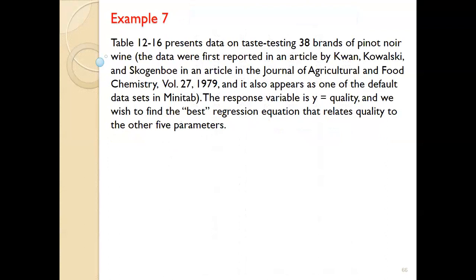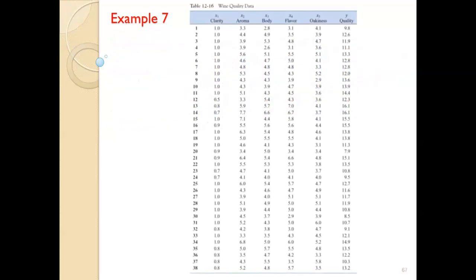We test the quality of wine, which depends on many parameters. We have 5 parameters that affect the wine: quality of the wine, aroma, body, flavor, and oakiness. I don't know what oakiness is.